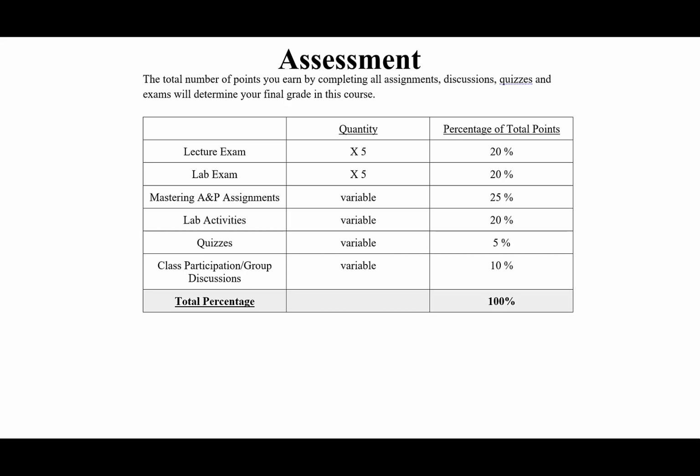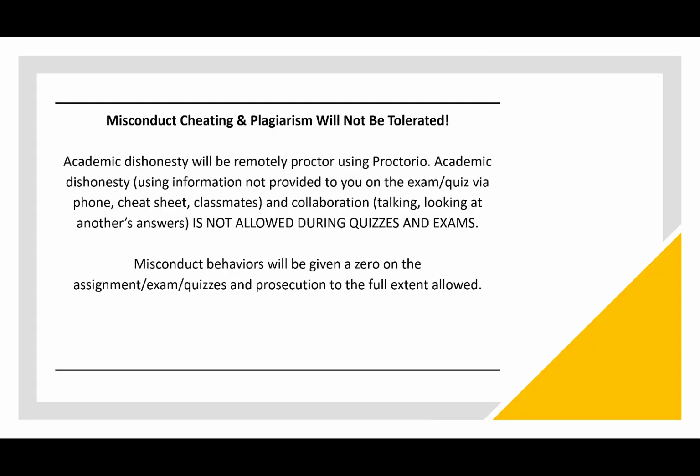When you take your exams, you are required to be proctored through a program called Proctorio, which I mentioned. This program will record your actions during the exam. It will help me see if you are cheating. Okay? So in terms of cheating, let me go to this real quick.